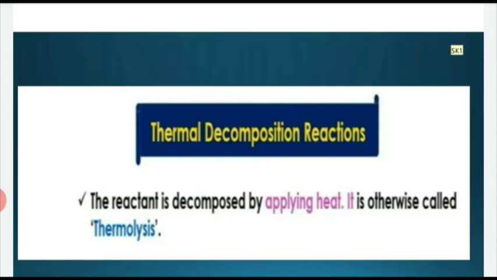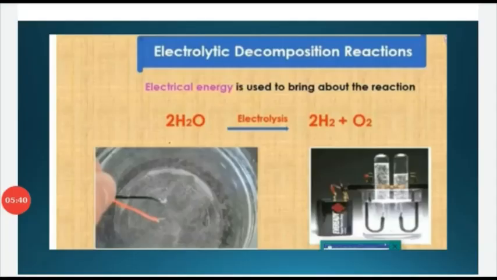Such reactions in which heat is absorbed are called endothermic reactions. In combination reactions, we saw exothermic reactions, but here in thermal decomposition, it is an endothermic reaction.